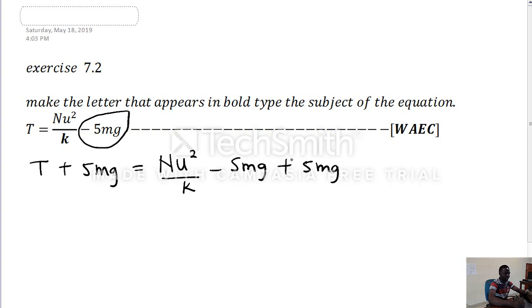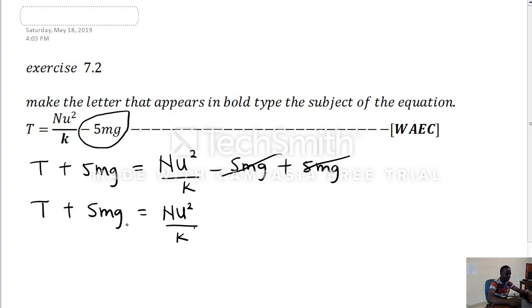Whatever you do to the left hand side, you do to the right hand side. So when you simplify this, minus 5 mg plus 5 mg will give you 0, leaving us with t plus 5 mg is equal to n u squared over k.